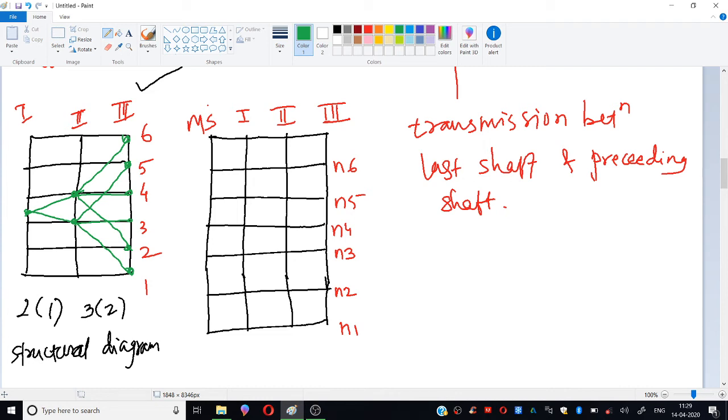Now in our case, if we check the structural formula, the lowest speed is 1. So here we will fix the first point. Then after that, the related point with it is 3 on shaft 3. Again, after that, we have a relative point, that is 5. Now it is the last shaft, the speed of the last shaft, and next is the preceding shaft.